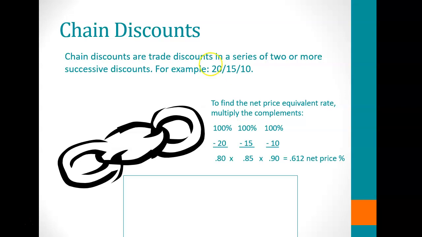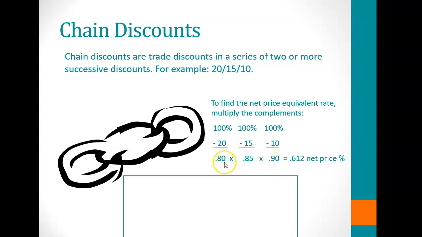So for example, if 20% is the discount, the complement is going to be 80 because those two together must equal 100%. So the trade discount is 15%, the complement will be 85. A discount of 10%, the complement is going to be 90.